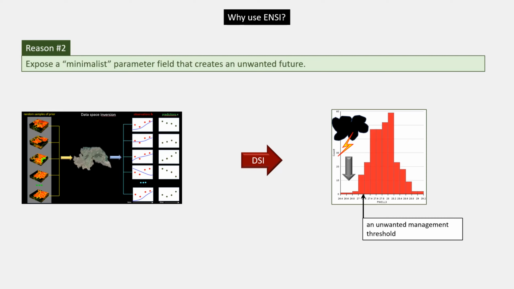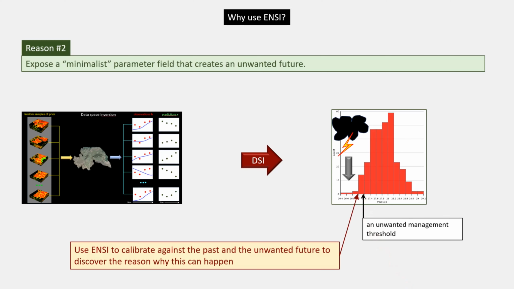Well, perhaps this is another place that ENSI can help. Remember, DSI does not associate parameter fields with particular predictions. So if we want to associate a parameter field with a pessimistic prediction, we could use ENSI again. ENSI, as this video points out, enables us to get a good fit with a calibration data set with a minimal number of model runs.